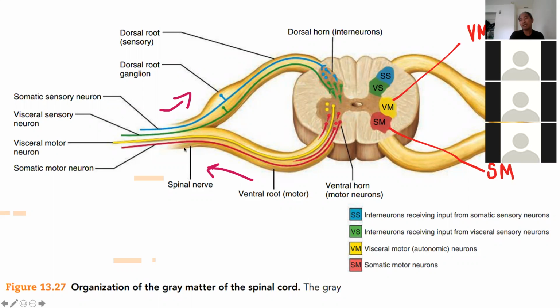Multiple roots, multiple spinal nerves join together, we mix and match, and then we divide again. These happen in cervical, lumbar or sacral regions, but do not happen in thoracic 2 to thoracic 12.